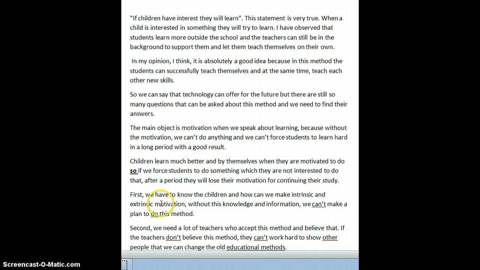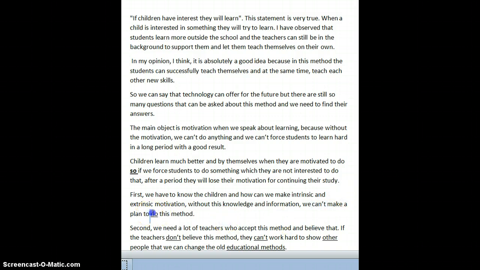Very, very well done. First we have to know the children and how we can make intrinsic and extrinsic motivation. Without this knowledge and information we can't make a plan to do this method. The apostrophe here has been changed in the correct way. Very good. So I'm going to remove that.